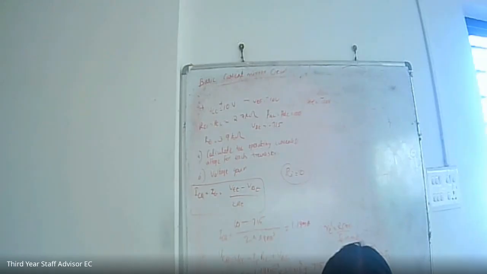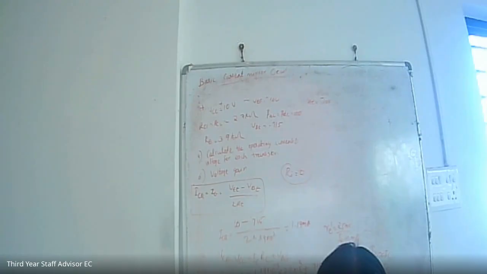Roll number 1 present. Roll number 2 present. Roll number 3 present. Roll number 4 present. Roll number 6, okay, present.